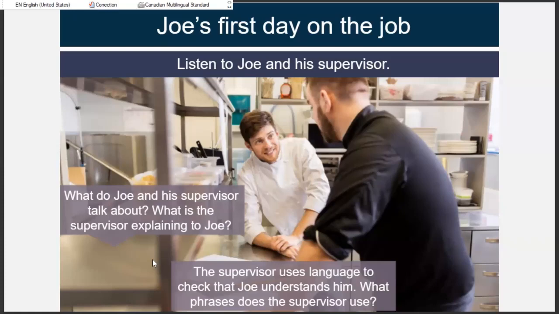So he used expressions like, do you get that? You got that? Is it clear? Okay? All of that is just a matter of understanding before shifting to another point.